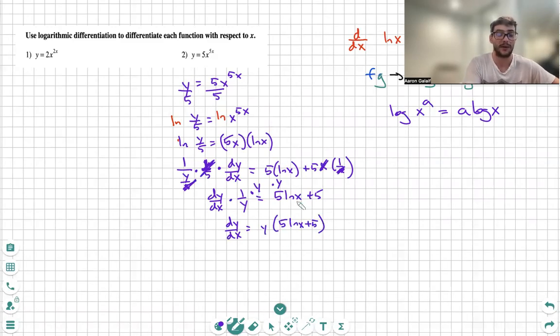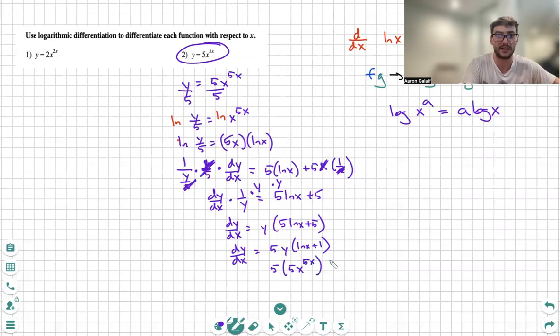Easy. Well, we see there's a GCF here. We're going to pull out that GCF. dy/dx is equal to 5y times ln of x plus 1. Now, the last thing we need to do is replace my y. What is y equal to? Well, from our initial equation, y is equal to 5x to the power of 5x.